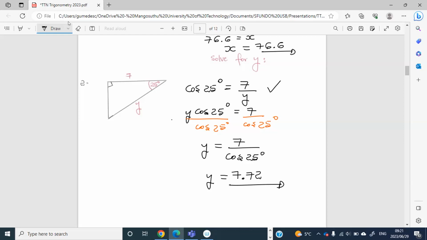And then we cross multiplied and got y cos 25 equal to 7. Then we divided by cos 25 both sides to get y explicit. And then we got 7,72. Right. So this was a second example, just to stress the relationship of cos of an angle, hypotenuse, adjacent, and so on.